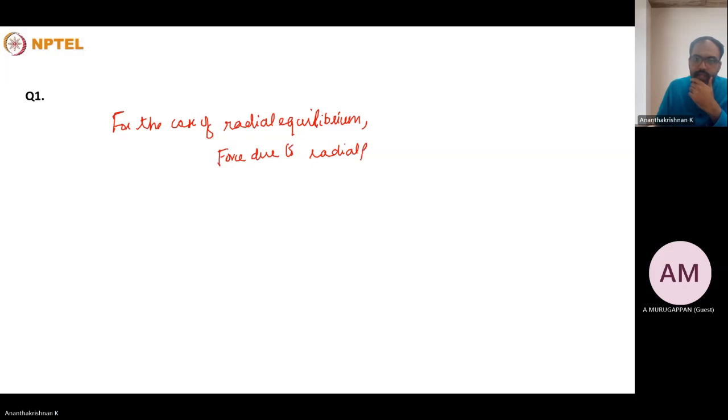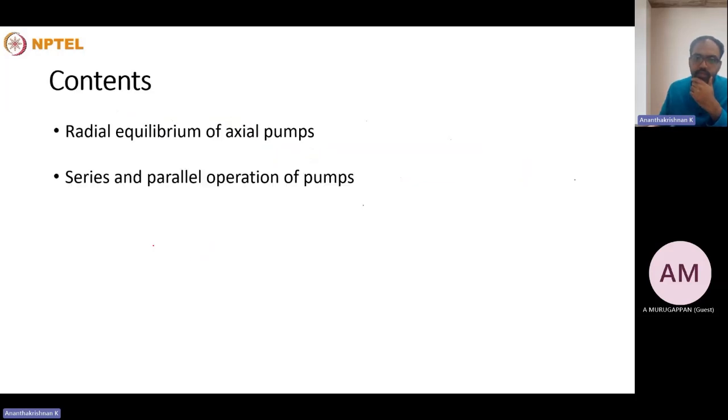So for the case of radial equilibrium, we know that the force due to the radial pressure gradient is equal to the centrifugal force. We substitute the values from the previous equations.